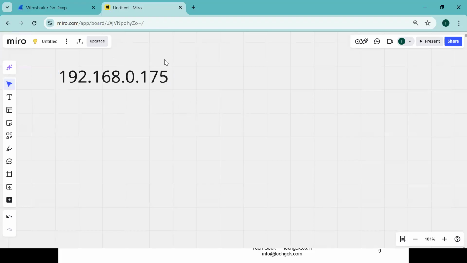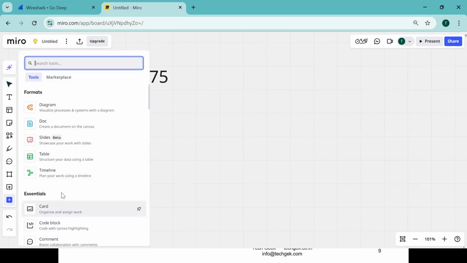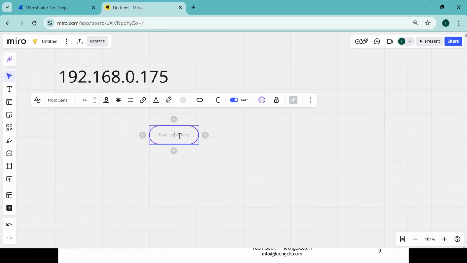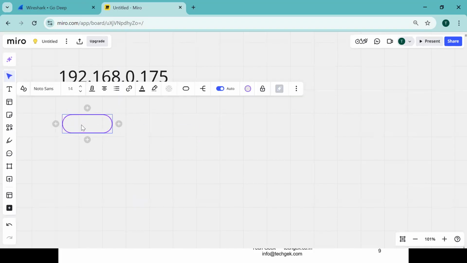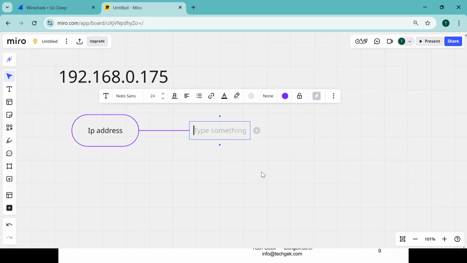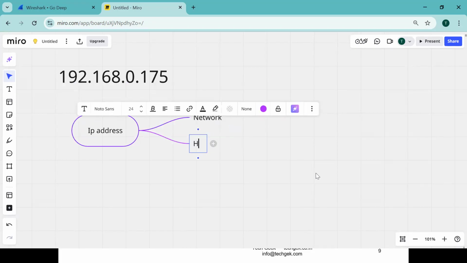So these IP addresses are divided in the form of network and host.